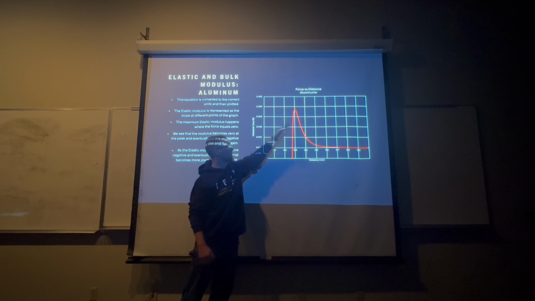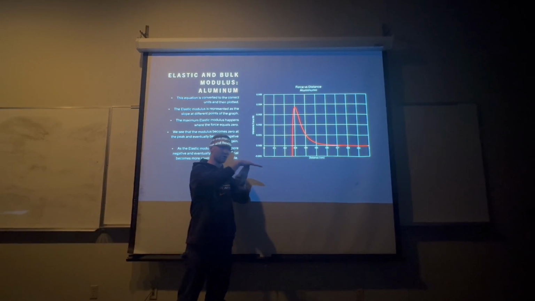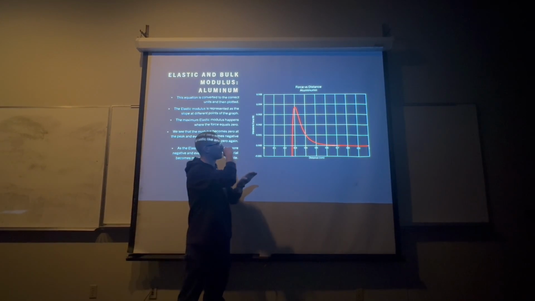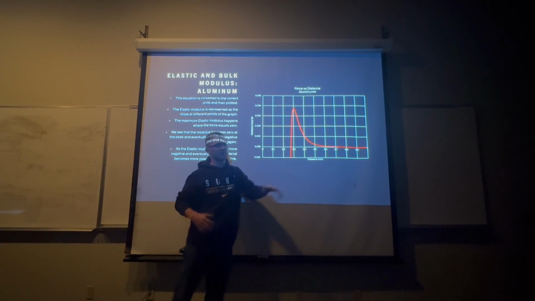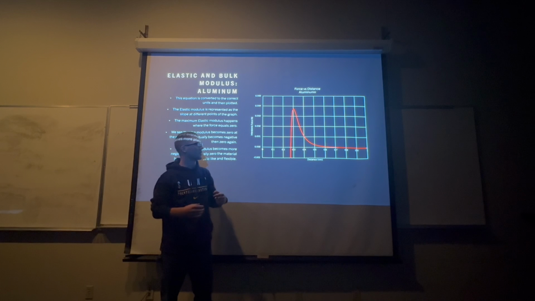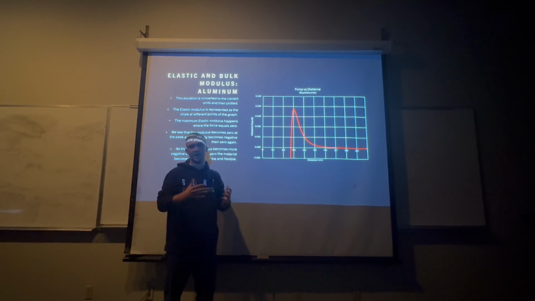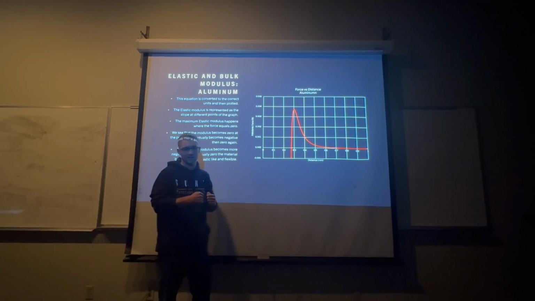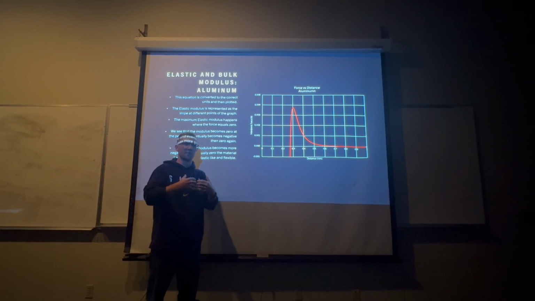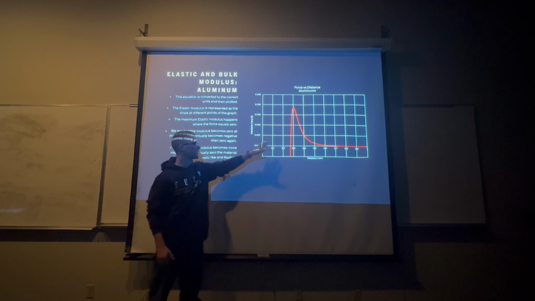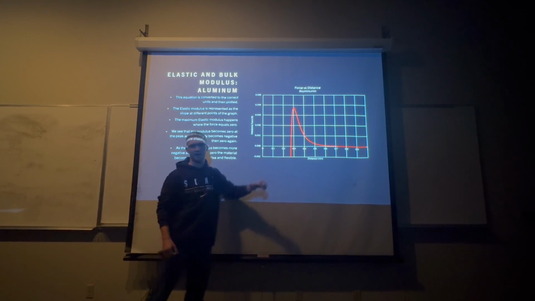Now, at the peak, obviously the slope becomes 0 at some point, and then becomes negative. As the elastic modulus becomes negative, the material becomes more plastic-like. So as we saw in the tensile test, as the material was pulled apart, it appeared more plastic-like. This is the prime reason for that.